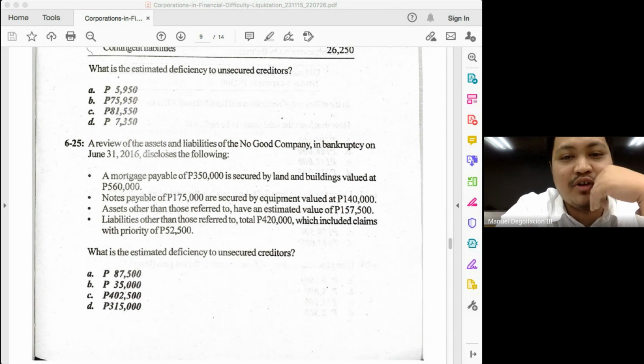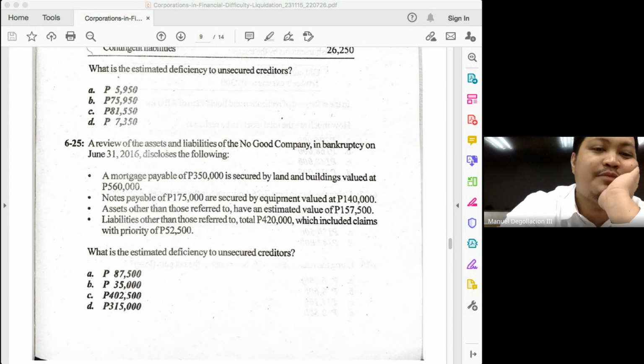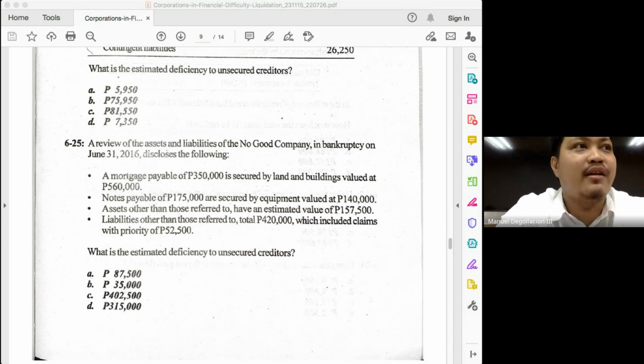Is it fully secured or partially secured? Fully secured. And remember, in your numerator for your recovery rate, you will have to add the excess on the fully secured. Do we have an excess from this mortgage payable? Yes, because the security is 560 and the liability is only 350. There is an excess of 210. And that 210 will form part of your free assets, class.